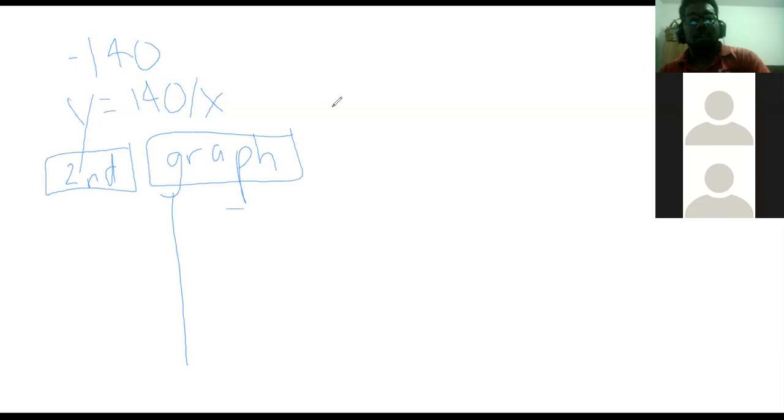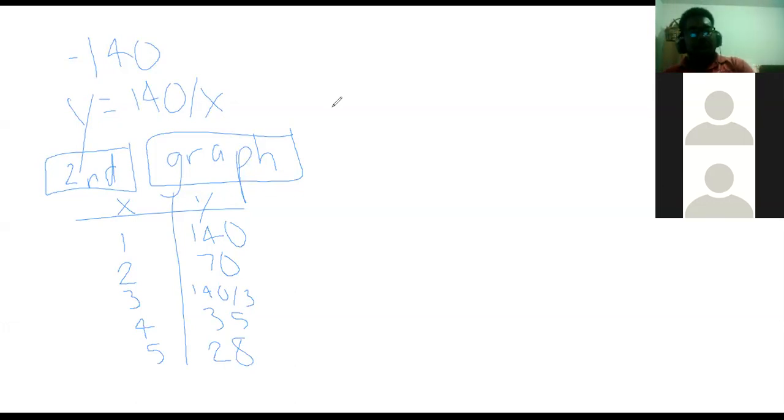So you basically see a table that looks like this: 1, 140, 2, 70, 3, whatever 140 over 3 is, 4, 35, 5, 28, and so on.